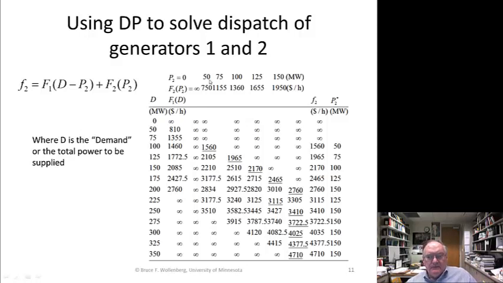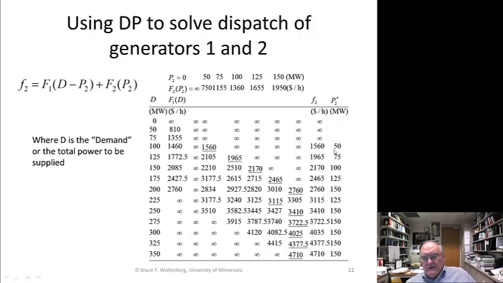So if P2 were, let's say 75, let's see, there's 1, 2, 3, 4, 5, 6 columns here. They don't exactly line up with this particular graph, but if I take the final column here, and I say P2 is 150, well then there's the F2 value. If P2 is 150, then I can set D for 100.